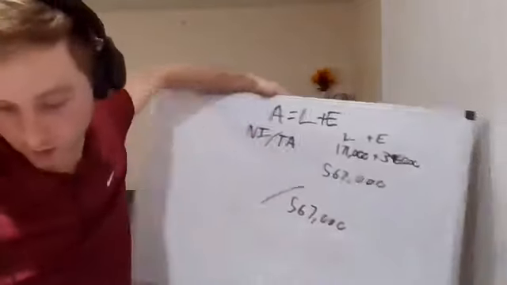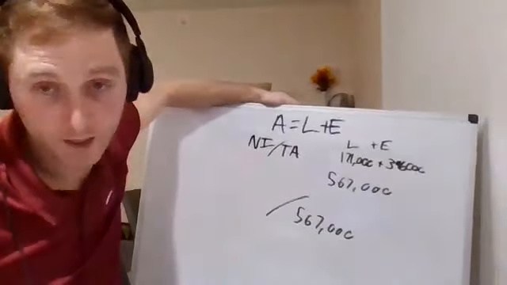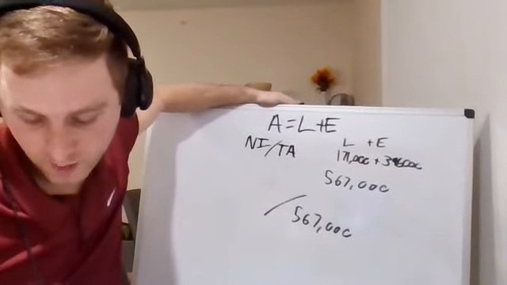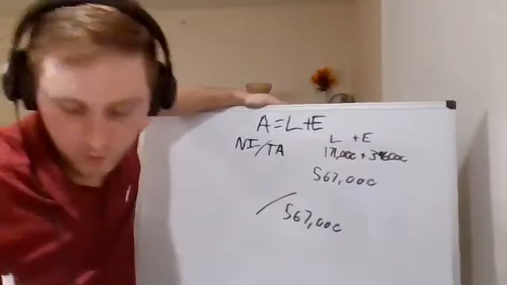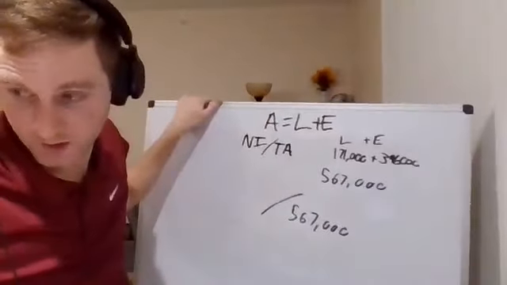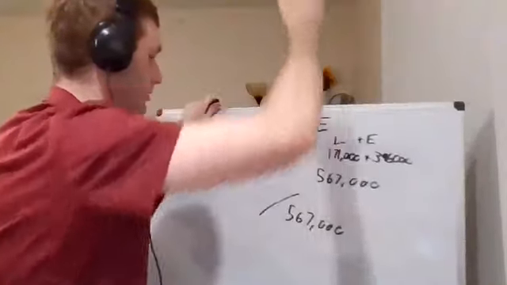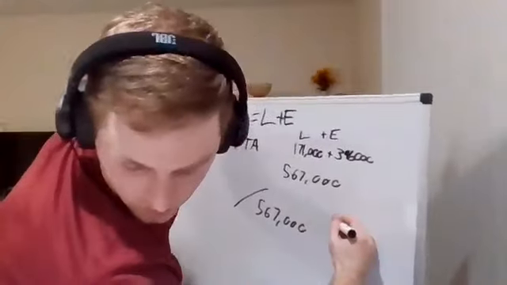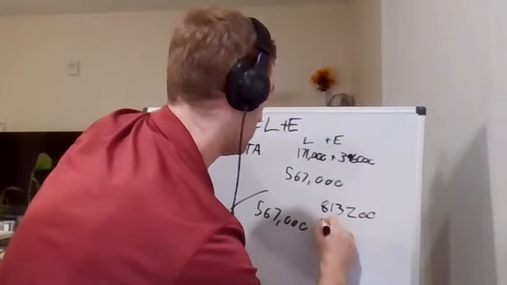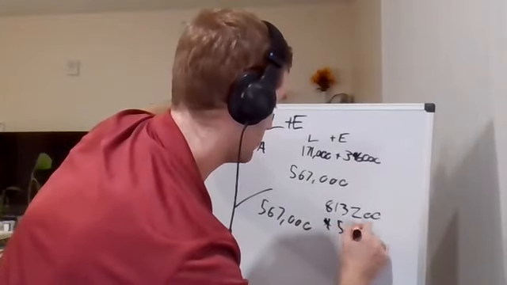Now I need my net income. I know we have sales of 813,200, but I need my net income. The profit margin of 5.78% tells me for every dollar of sales I get 5.78 cents at the bottom line. So what I'll do is take my sales, which is 813,200, and multiply it by that 5.78%.